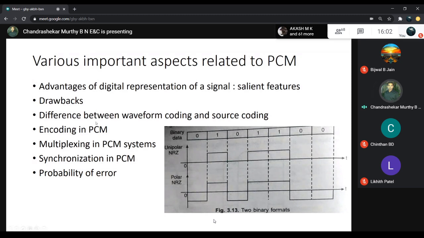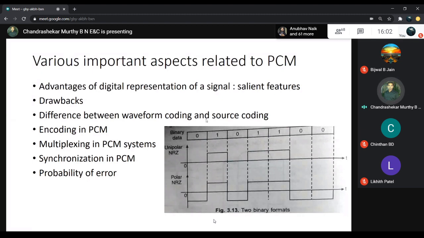So what is the difference between waveform coding and source coding? Basically, both are different. Waveform coders are generally designed to be signal independent, and pulse code modulation is considered a waveform coder.